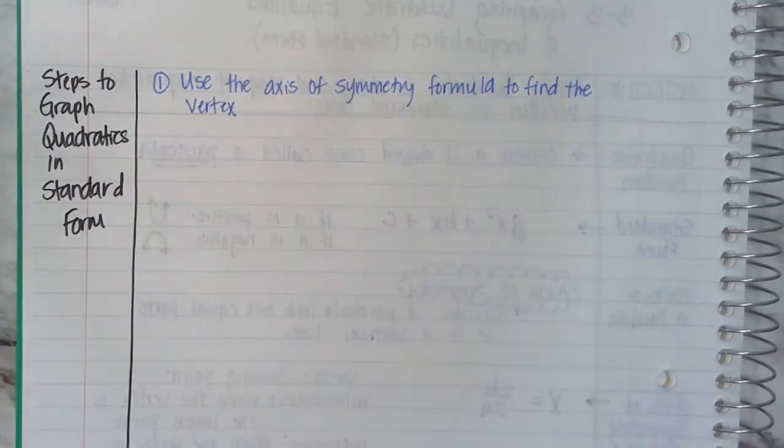Our axis of symmetry formula is going to give us the x value of the vertex, and if we plug it back into our quadratic, we'll get the y value. So use the axis of symmetry formula to find the vertex.